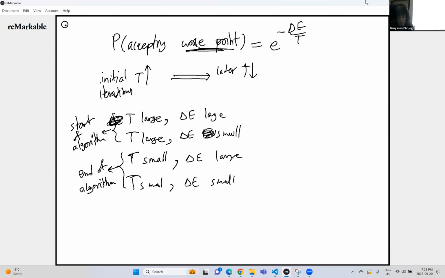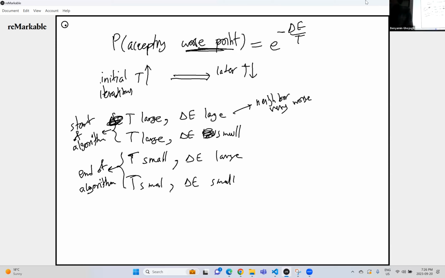When delta E is large, what does it mean? The neighbor is very bad, much worse. For example, my cost is 1, the cost of the neighbor is 100, right?